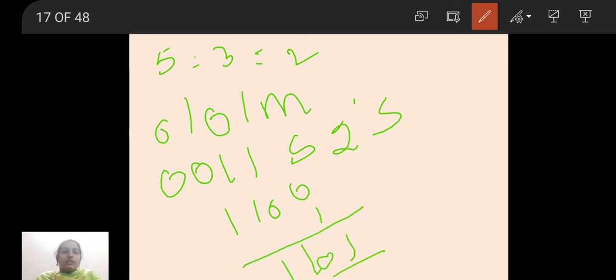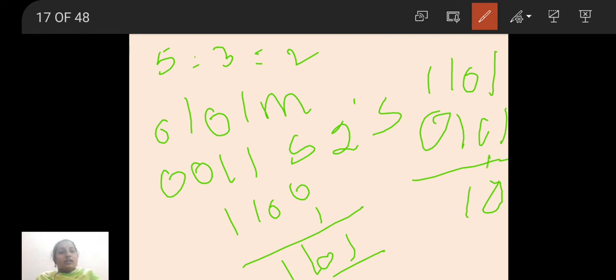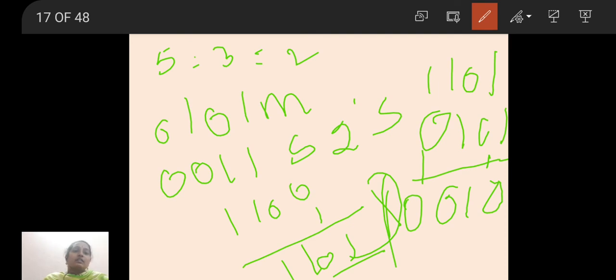Now you add the 2's complement of the subtrahend, that is 1, 1, 0, 1, to the minuend 0, 1, 0, 1. 1 plus 1, 0, 1. 1 plus 1, 0, 1. 1 plus 1, 0, carry 1. So here we are getting carry. Again you neglect the carry. What is our answer? 0, 0, 1, 0, which is equal to 2. Is it tallied? Yes, it is tallied.